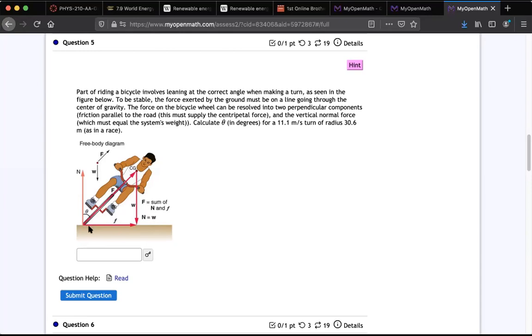The force can be resolved into components, like I just said. They want you to calculate the angle for an 11 meters per second turn of a radius of 30 meters. All you have to do is simply do some trigonometry.